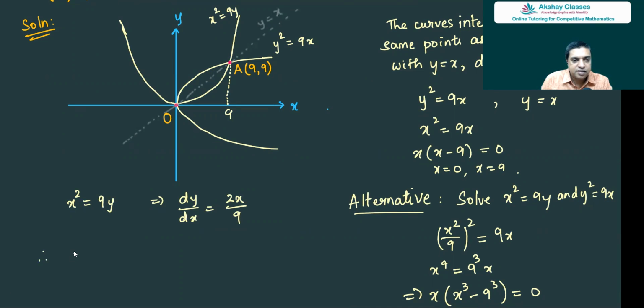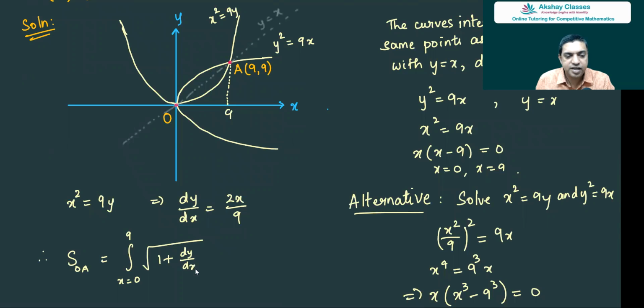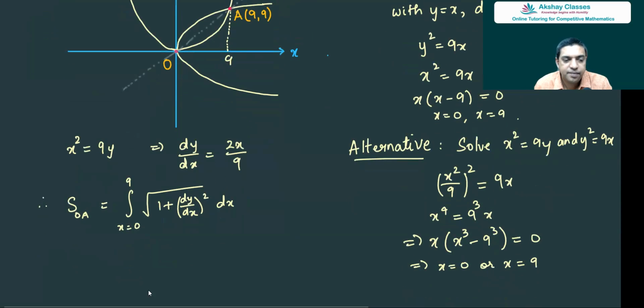Therefore, arc length OA is the integral from x equal to 0 to 9 of the square root of 1 plus (dy/dx) whole squared dx. This gives the integral from 0 to 9 under root of 1 plus 4x square by 9 square, that is 81.